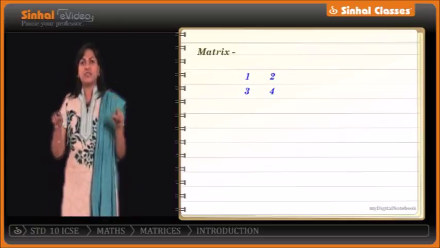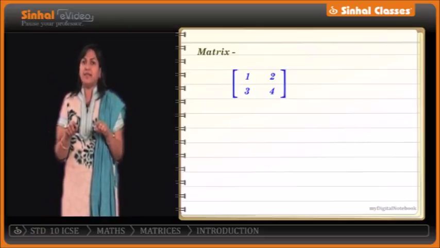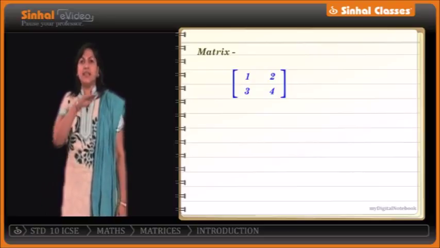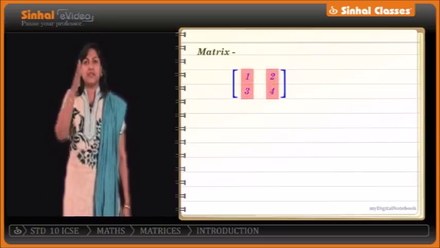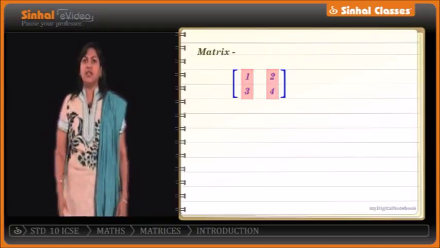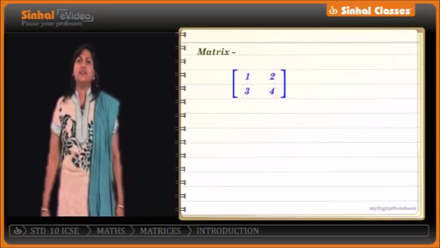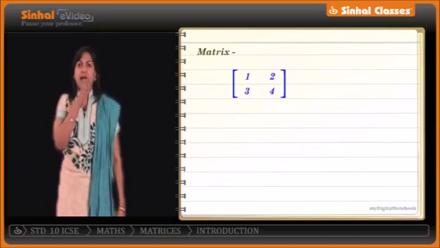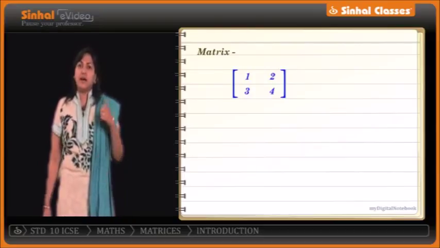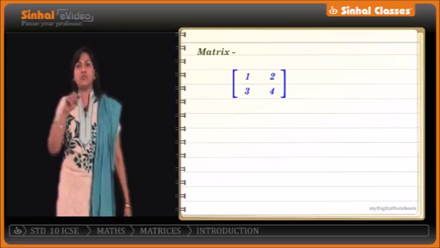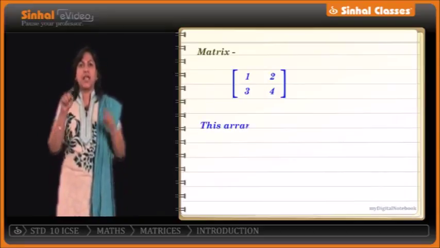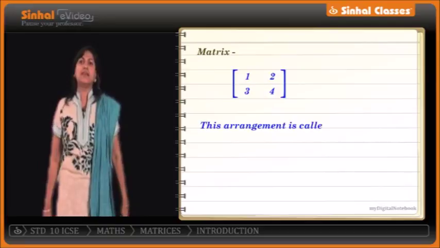Now we enclose this arrangement by brackets. In this case, the horizontal lines are called the rows and the vertical lines are called the columns. So in our arrangement, we have 2 rows and 2 columns. Now this arrangement of numbers in rows and columns enclosed by brackets is called a matrix.